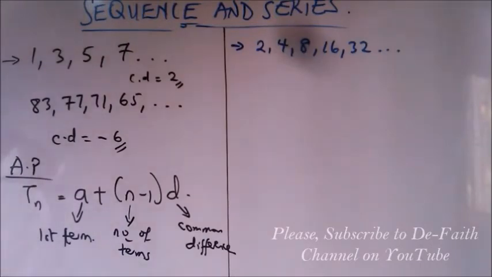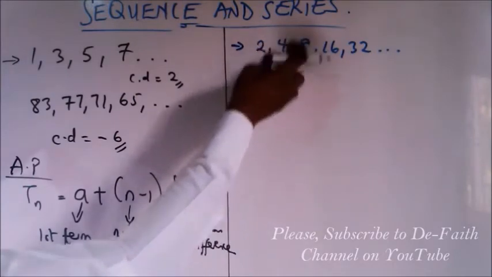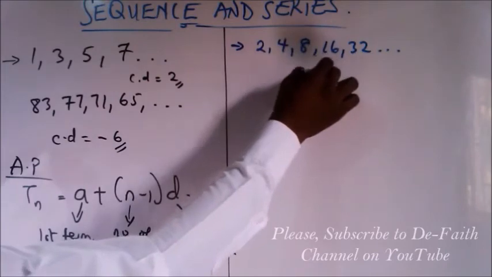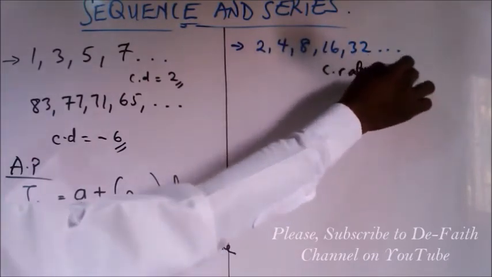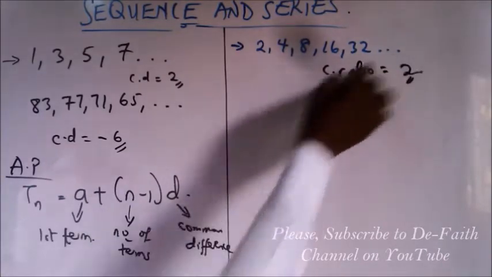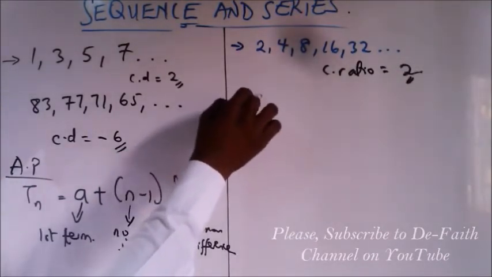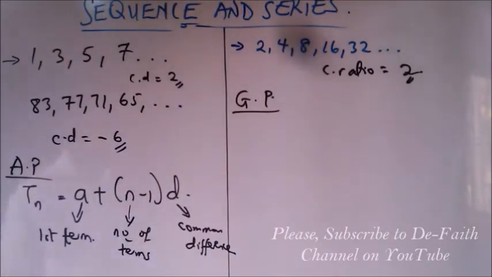Now over here, what we have been using to multiply each of the terms is known as the common ratio. And over here, the common ratio is 2. This leads us to what we know as the geometric progression or geometric sequence.